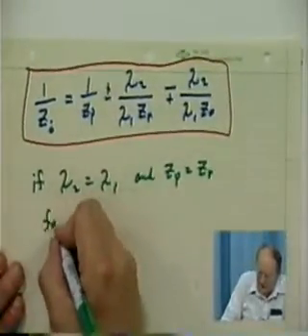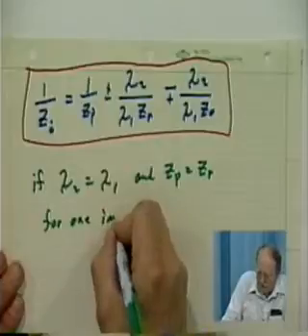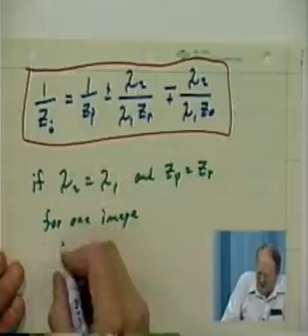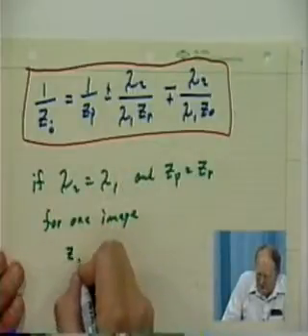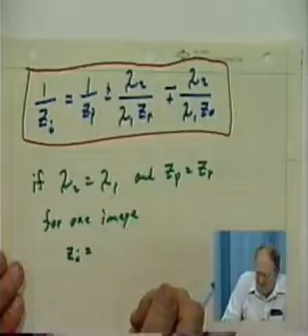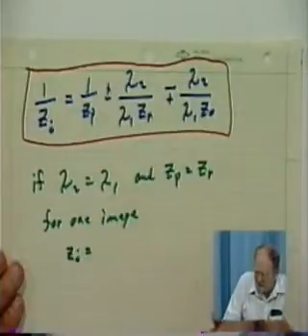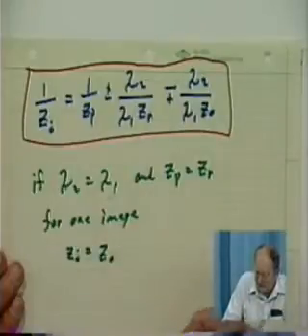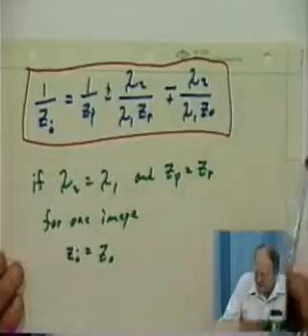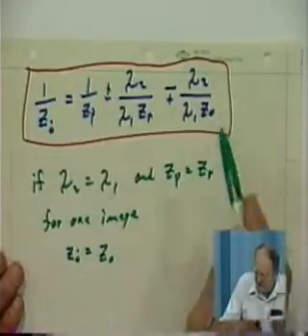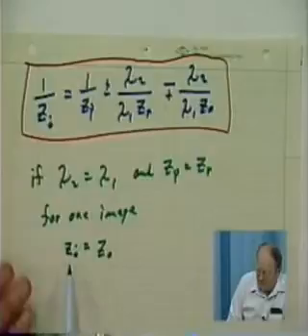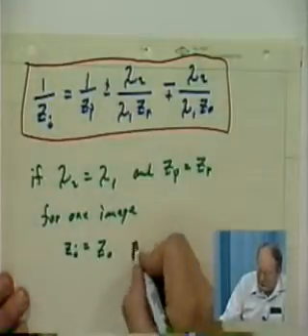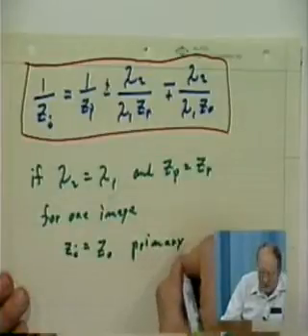And so for one image, z sub I is going to be equal to z naught. Okay, so these would cancel, and the image is at the same location as the original object, and that's our primary image. That's no surprise, that's what we expected.